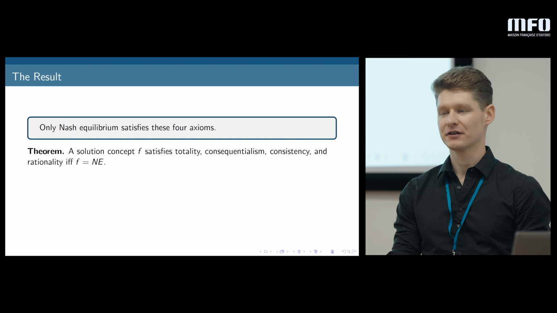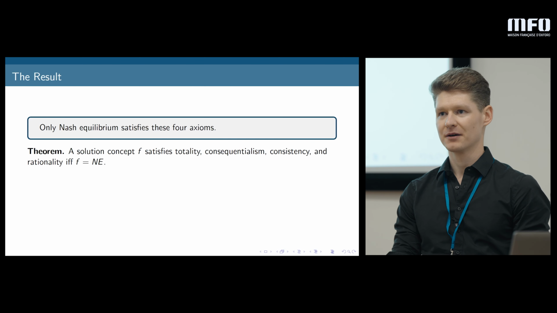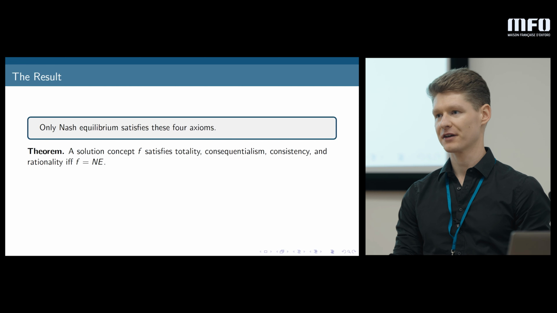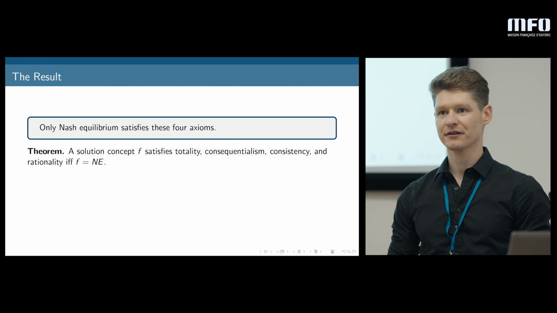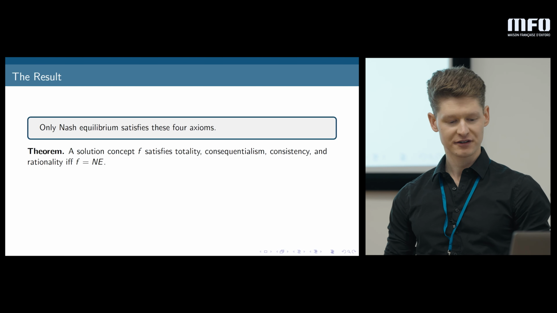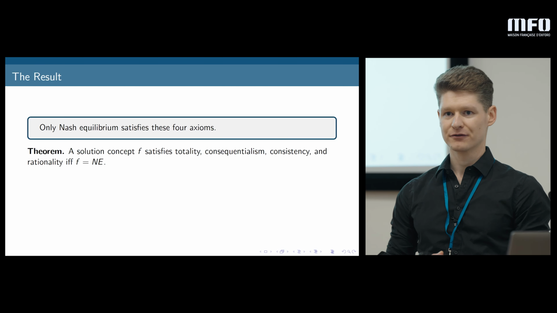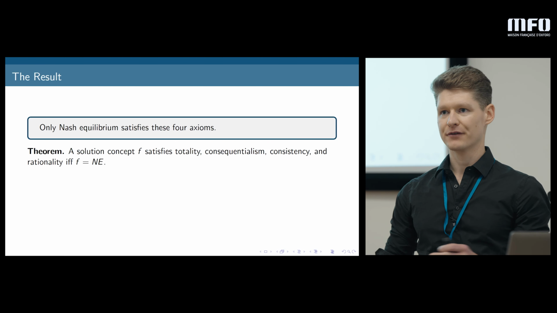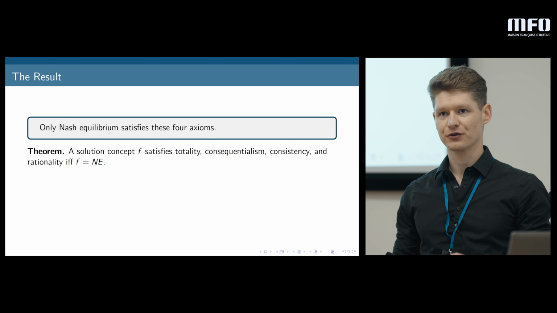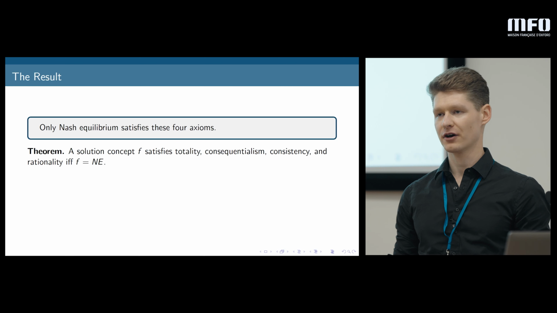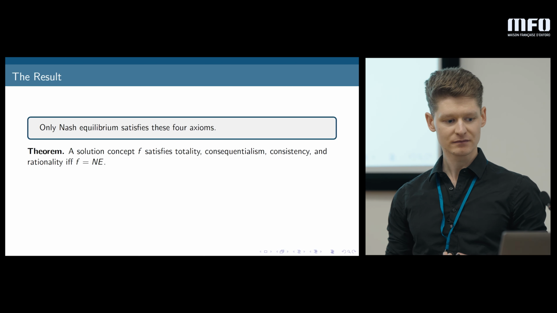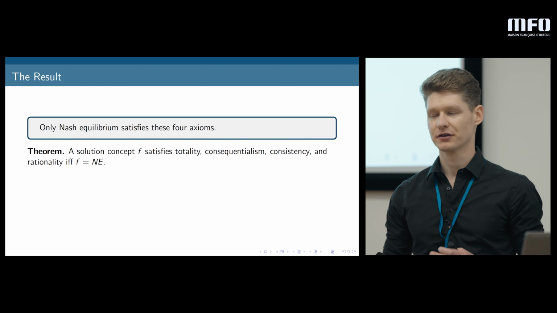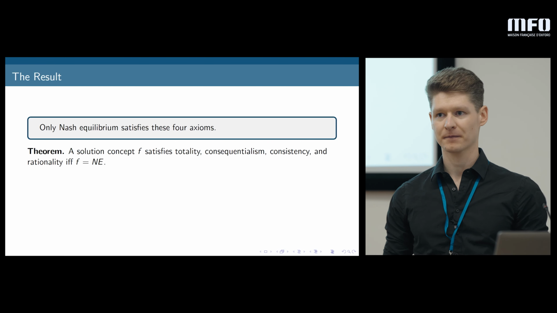It's also pretty easy to convince yourself that the consequentialism axiom talking about clones will be satisfied, because the definition of Nash equilibrium doesn't care about the labels of actions. The consistency axiom follows from the fact that, fixing the strategies of the other players, every player's best response constraints are linear constraints. And rationality for Nash equilibrium should be clear as well.